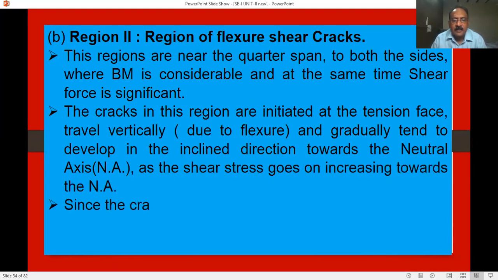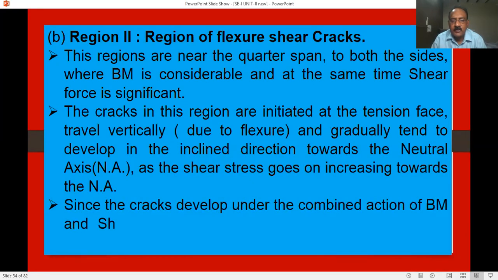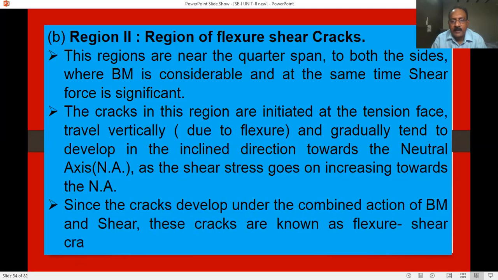The cracks in the regions are initiated at the tension face, travel vertically due to flexure, and gradually tend to develop in the inclined direction towards the neutral axis as the shear stress goes on increasing towards the neutral axis.